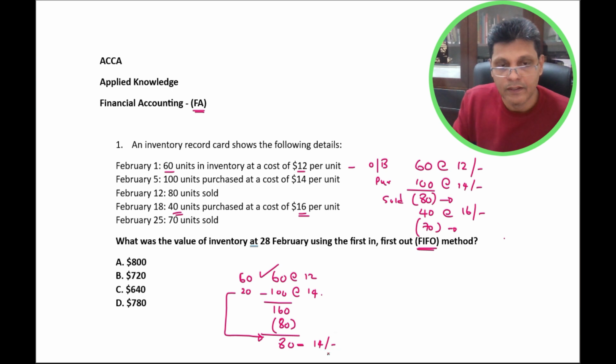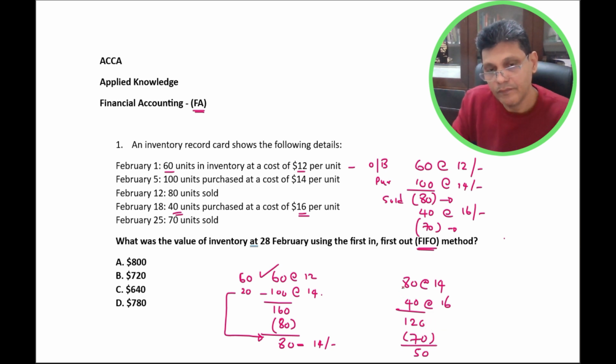Then again they purchase 40 units. So you had 80 units at the rate of 14. Now on 18th February you purchase 40 units at the rate of 16, so you have available stock of 120. Sold 70 units, so now you have a balance of 50. This 70 units will be issued from the first available stock, which is 80.